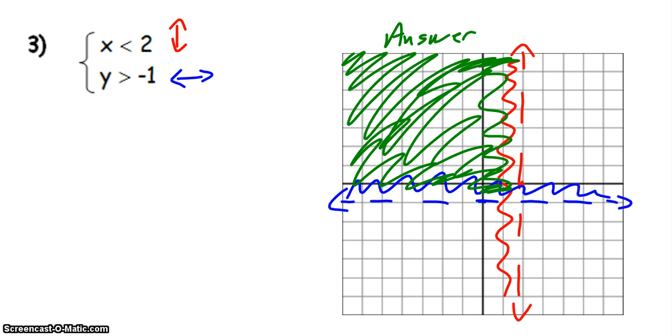Whenever you graph each line, it doesn't matter if they're horizontal and vertical lines or diagonal lines. You graph the lines, you do your shading, and where it is double shaded, or where the shadings overlap, that is your final answer.